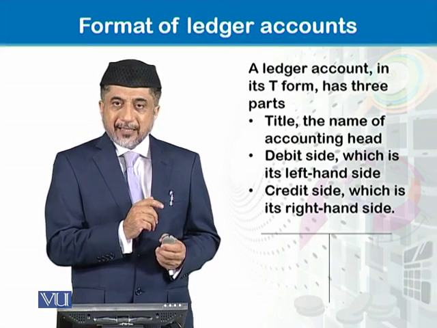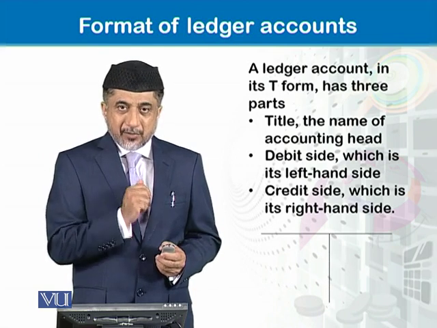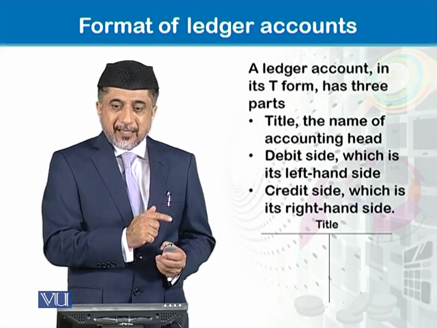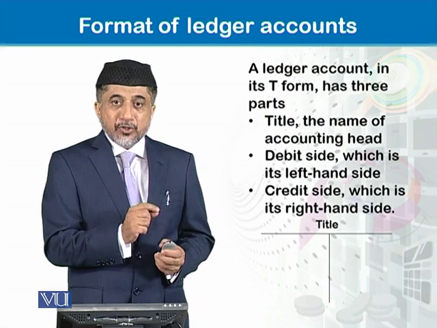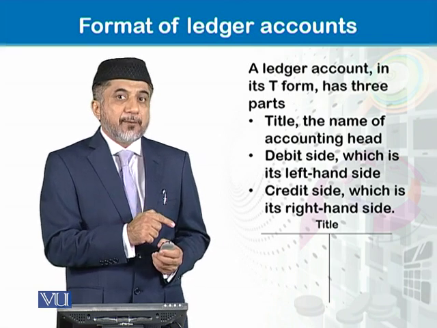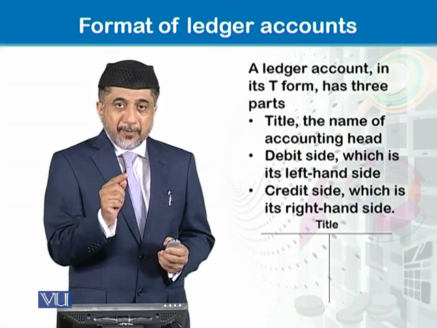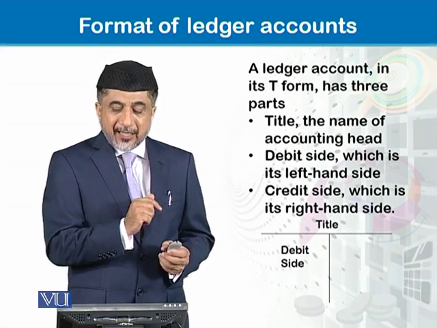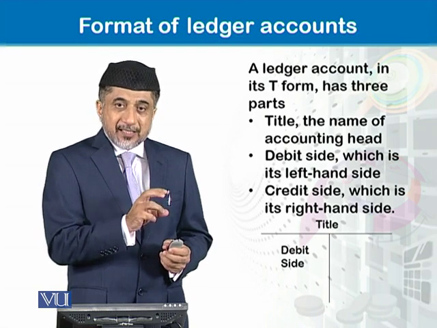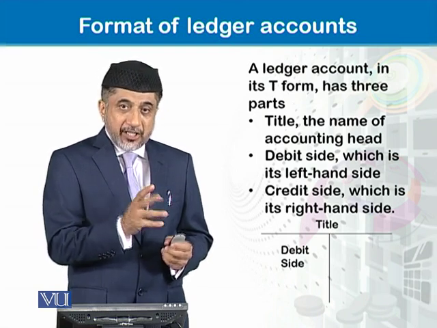So it will look like this. It's a T, you can observe. And in this T, this is its title. We will put the name of the ledger account over here. Supposedly, sales account, so the title would be sales account. Then the debit side is always the left-hand side.